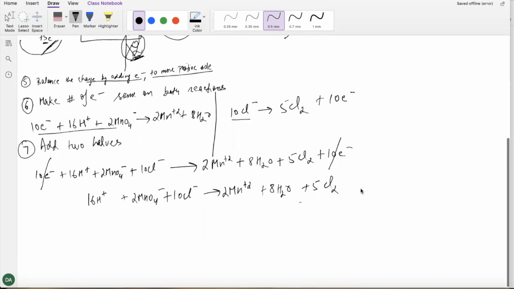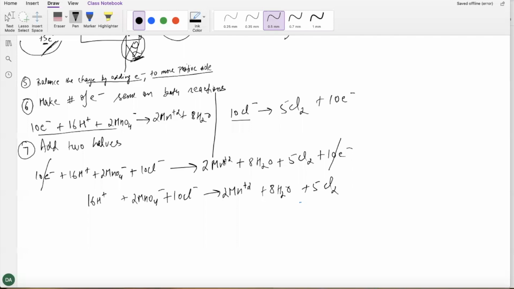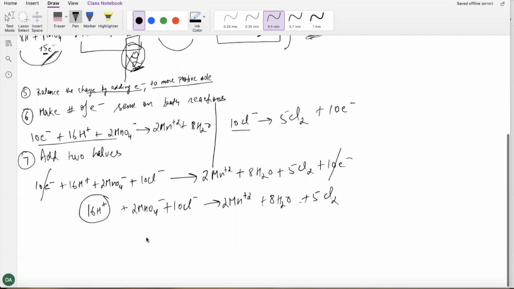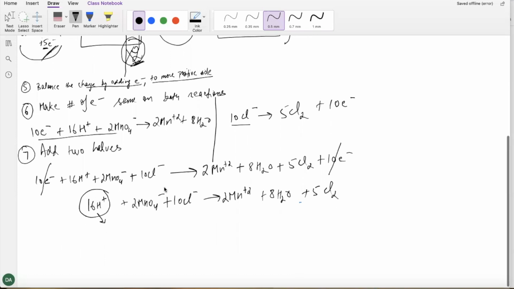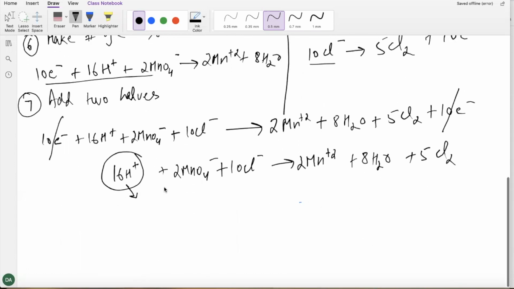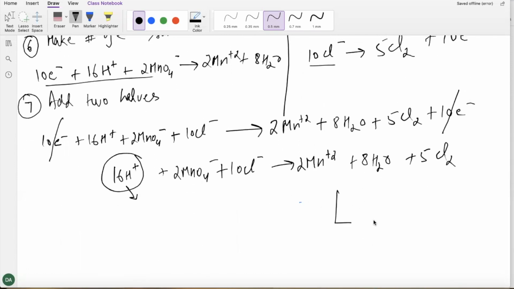All right, now you guys notice that this reaction has H pluses. This makes the solution acidic or basic, guys? Acidic. If a solution has lots of H plus in it, that solution is considered acidic.